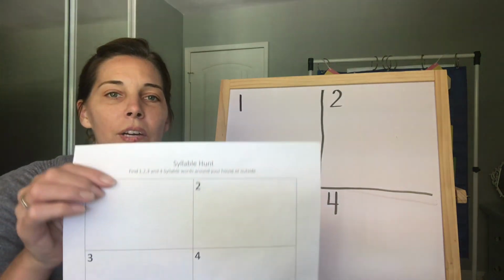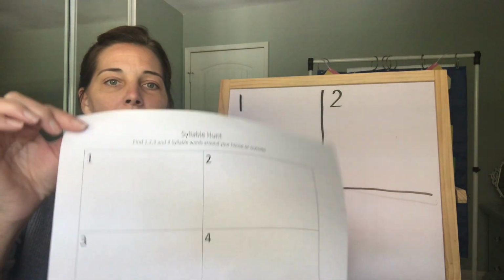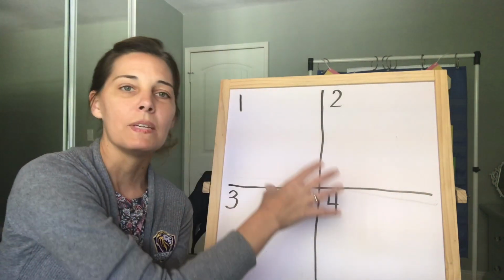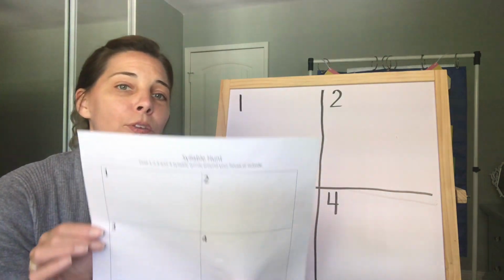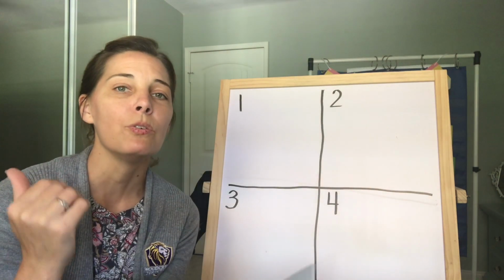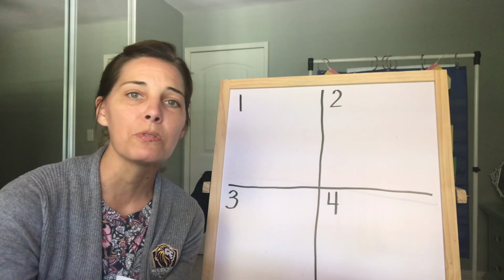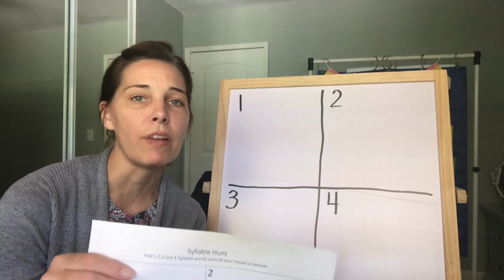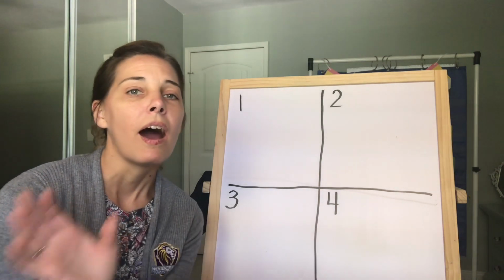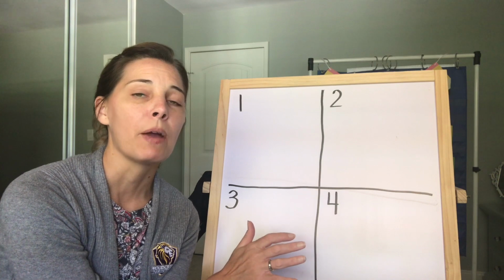Now you're going to need this worksheet, and Mrs. McCoy is going to be doing it on the board, but you're going to be doing it on here. You can use crayons, pencils, markers, whatever you have available at home. I'm going to be doing it on my whiteboard.